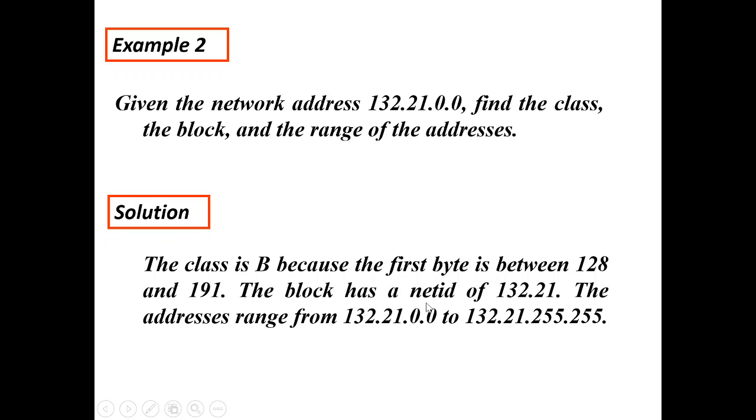The block has a net ID of 132.21 and the addresses range from 132.21.0.0 to 132.21.255.255. So likewise, by observing the first byte of a given address, you can find the class, the block, and the range of the addresses.